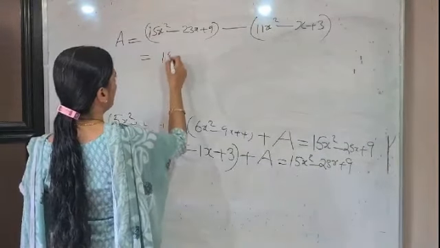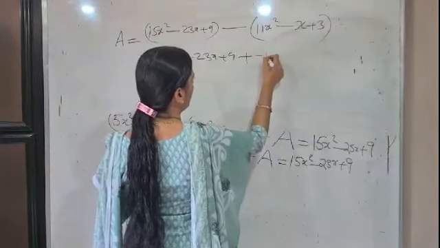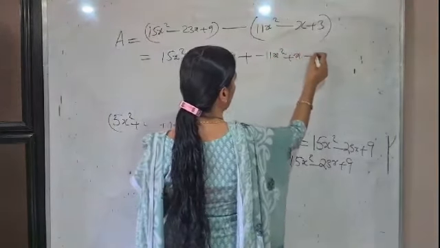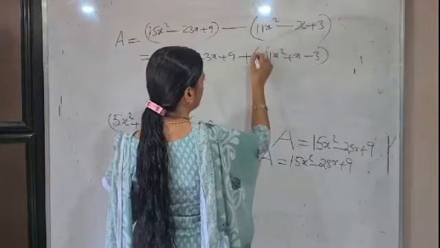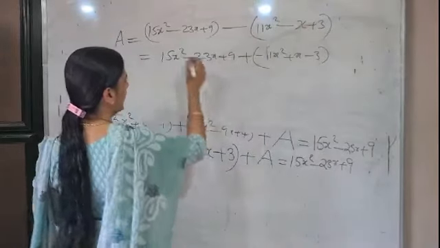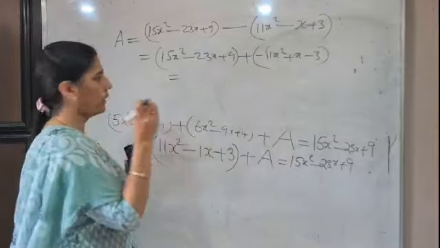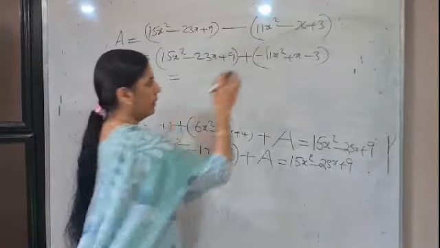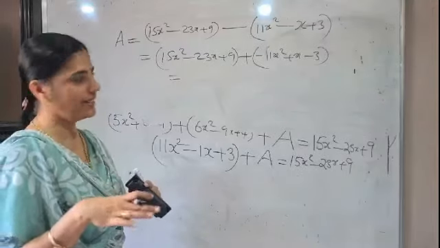Equal to 15x square minus 23x plus 9 plus negative 11x square plus x minus 3. Oh, sorry, I changed the signs because this minus became plus. Next, you keep x square terms together, x terms together, constant terms together. You take one more step, but I am writing the answer.